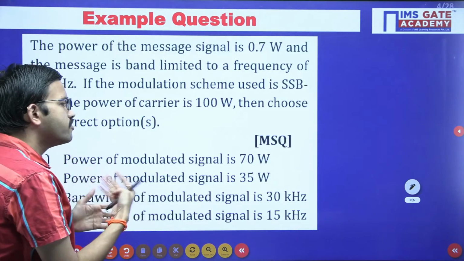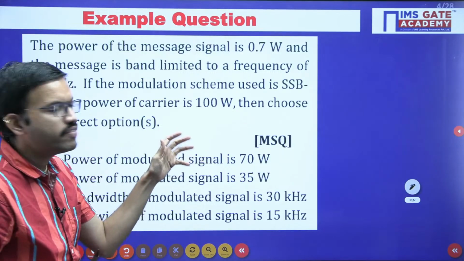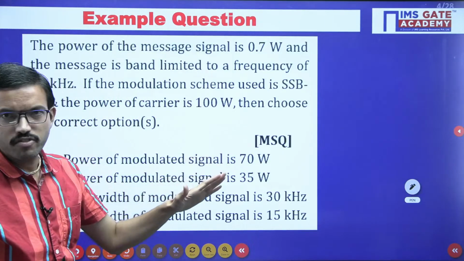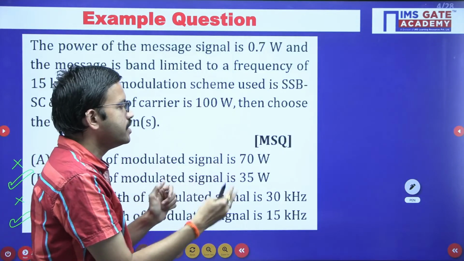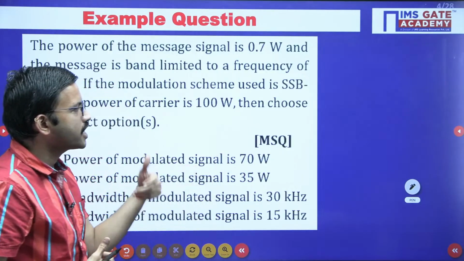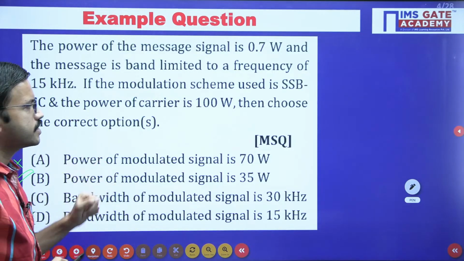So in that way you can expect the questions regarding MSQ whenever you are having problematic questions, whenever you are having more than one formula or more than one calculation regarding various parameters. Such kind of questions you can expect as the MSQ. I hope all of you are getting the clarity, right.